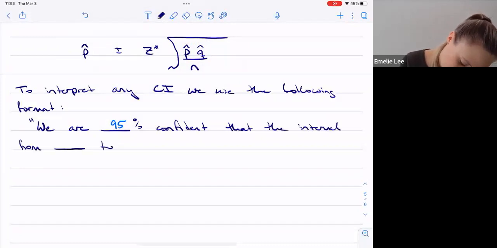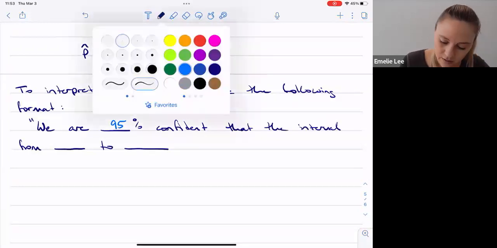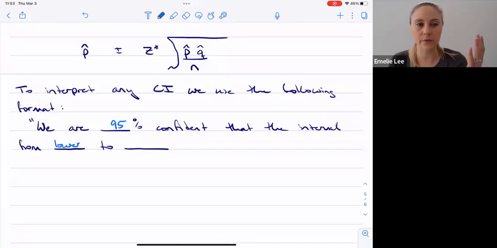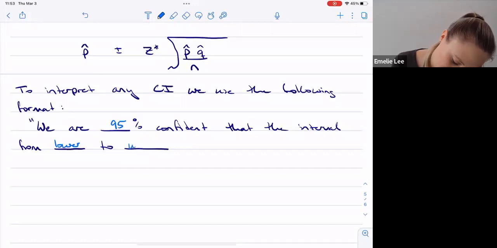from here to here. Now, you always want to start with your lower bound, right? If you're going back to that normal distribution that we drew up, you always want to read from the lower bound up to the higher bound. Otherwise, there is no interval from the higher to the lower, right? So the lower to the upper bound.